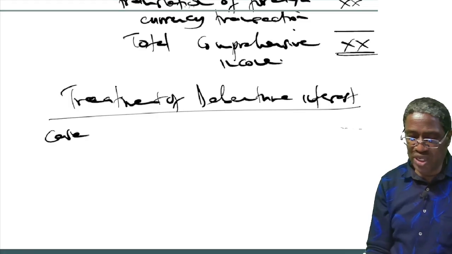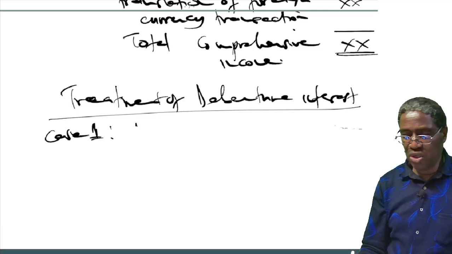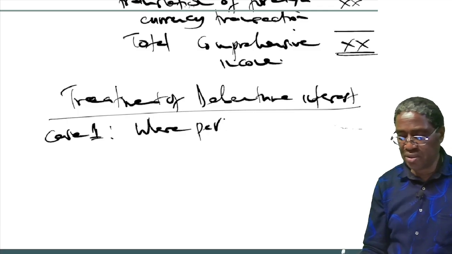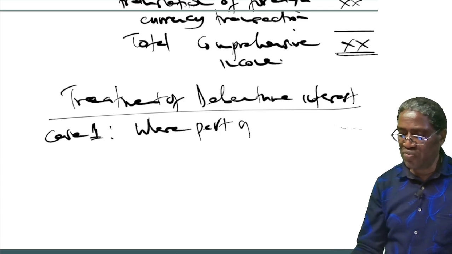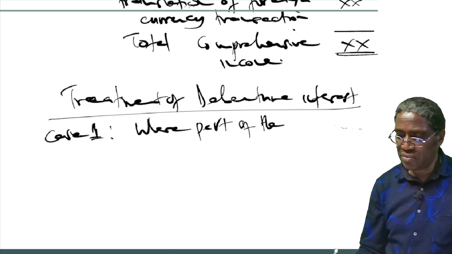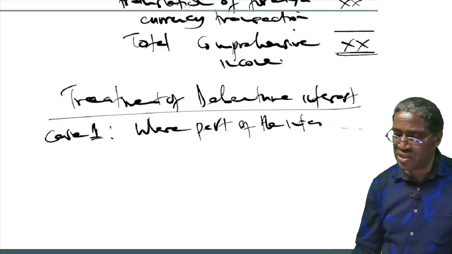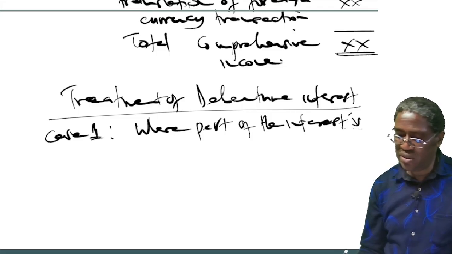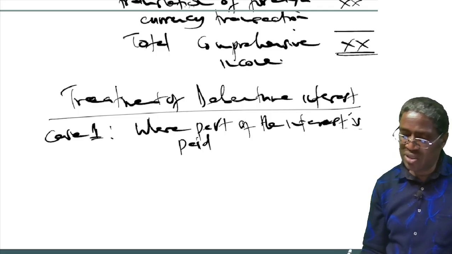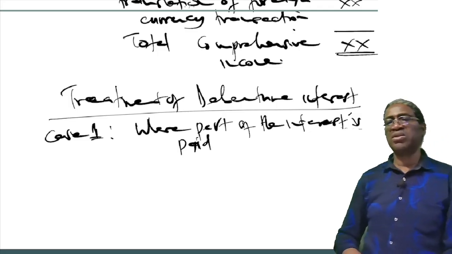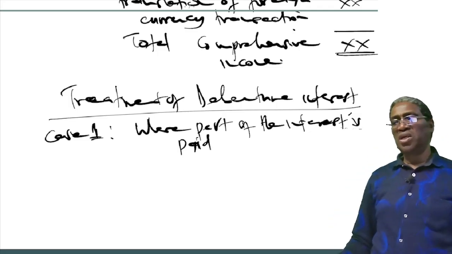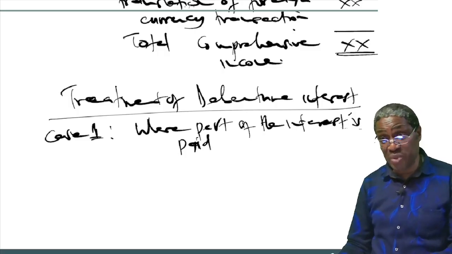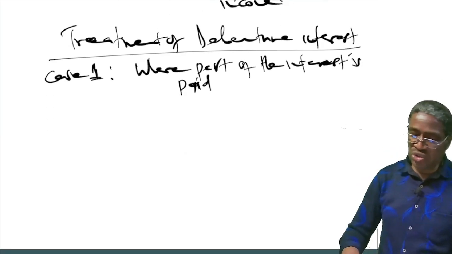So I want to call it case 1. Call it case 1, and you call it where part of the interest is paid. That is the case we want to deal with as our case number 1, where part of the interest is paid. Then you can show an illustration.